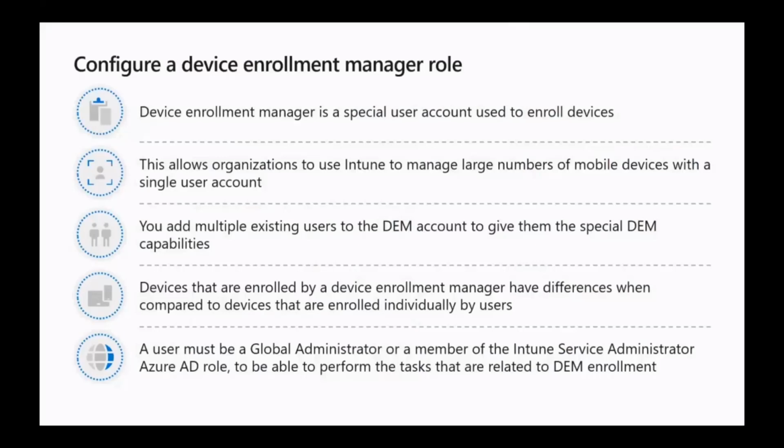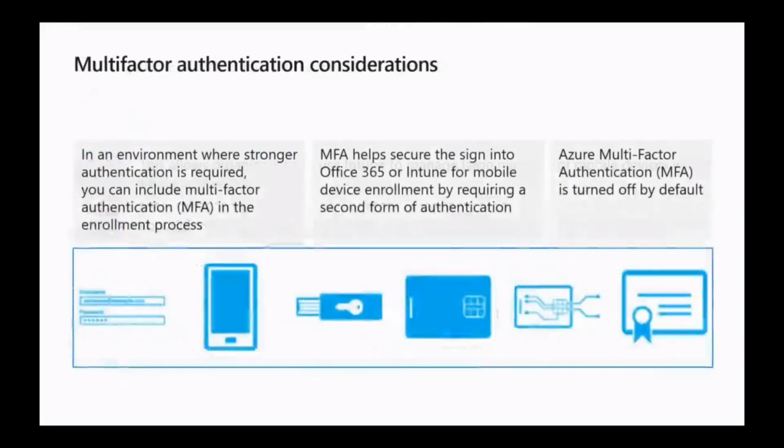Another option is, for example, to configure multi-factor authentication considerations. In an environment where stronger authentication is required, you can include multi-factor authentication in the enrollment process. Multi-factor authentication will help secure the sign-in into Office 365 or Intune for mobile device enrollment by requiring a second form of authentication.